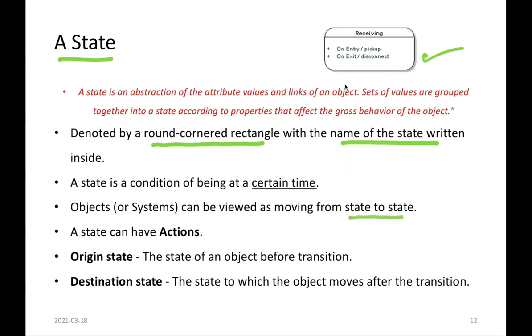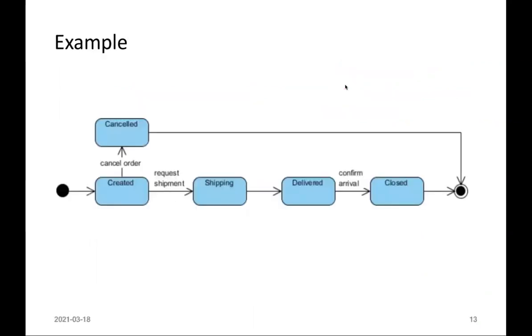A state could have actions, and we always have two types of states. The first is called the origin state, and the second is the destination state. The origin state is the state of an object before the transition, while the destination state is the state to which the object moves after the transition has been completed. If we look at the following graph, we can see we have 5 states.